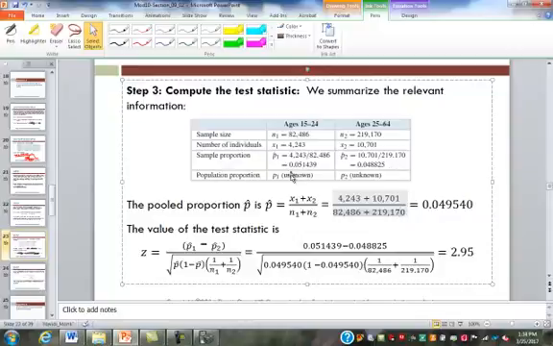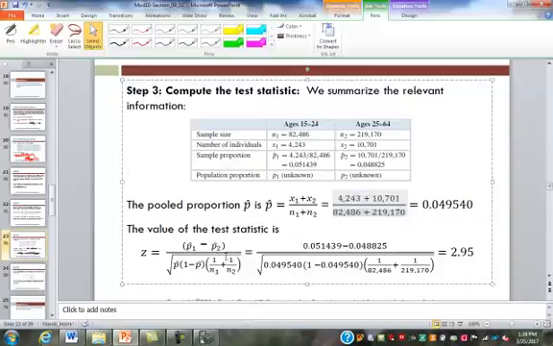Well, let's take it out another digit: 5.14% for the young drivers, 4.88% for the older drivers. Now that pools to be 4.95. That's a lot closer to the 4.88, but remember, there are a lot more of the older drivers. 10,000 is 2.5 times of what 4,000 is. So it should be closer to that one because it's the larger sample size.